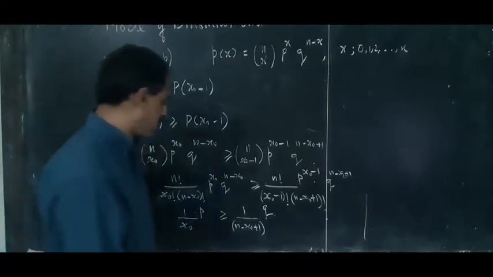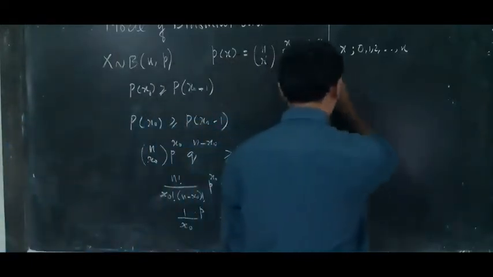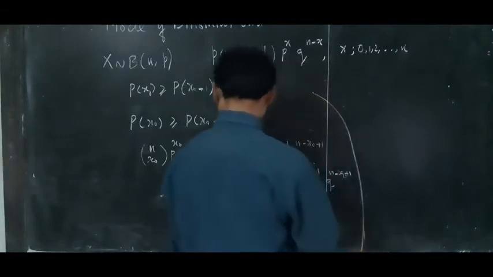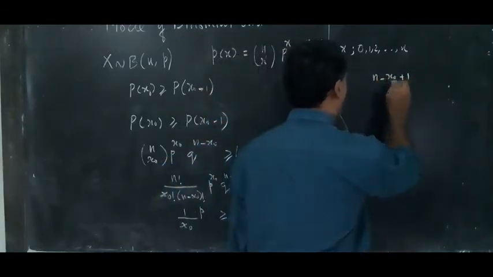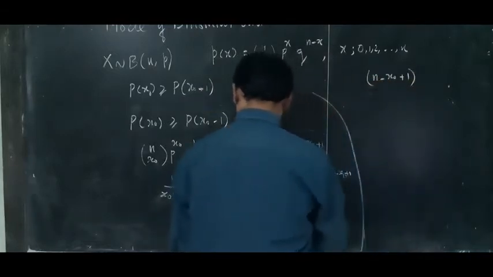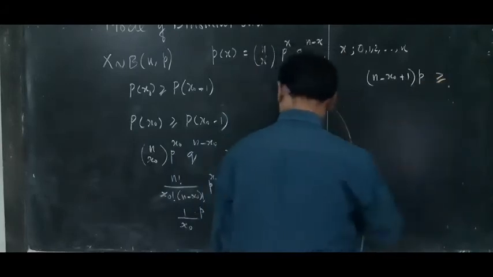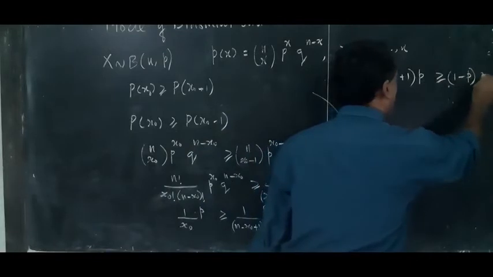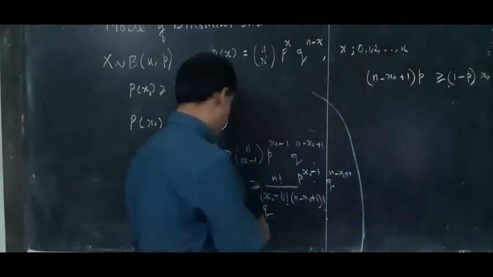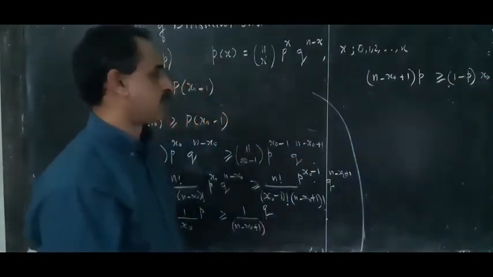Now we can rewrite using cross multiplication. So this becomes (n − x0 + 1) p ≥ (1 − p), that is q, into x0. This q has been taken as 1 − p.